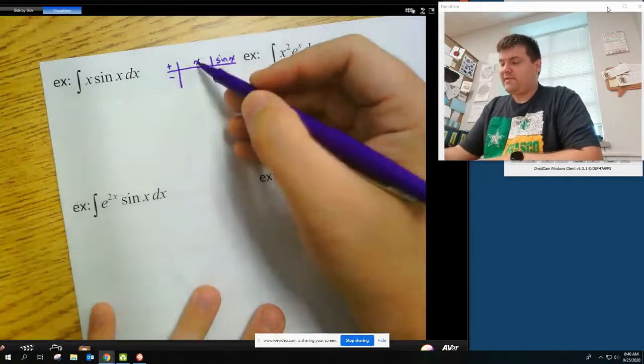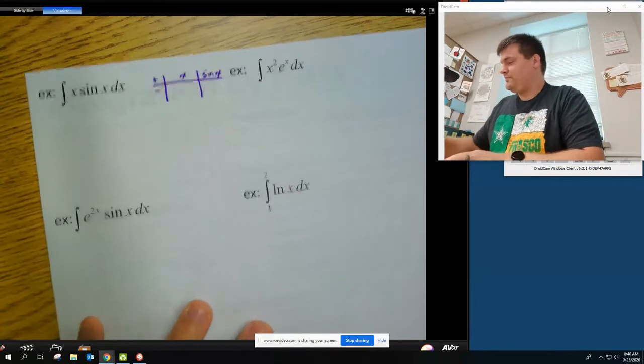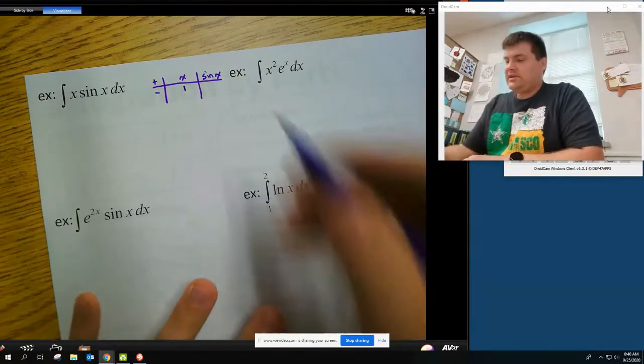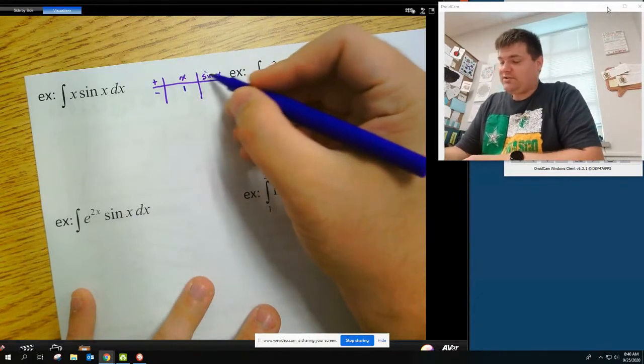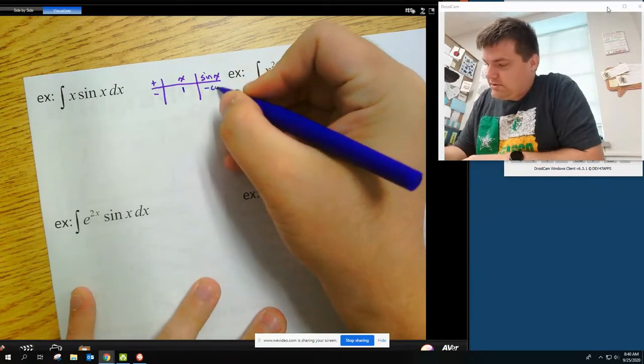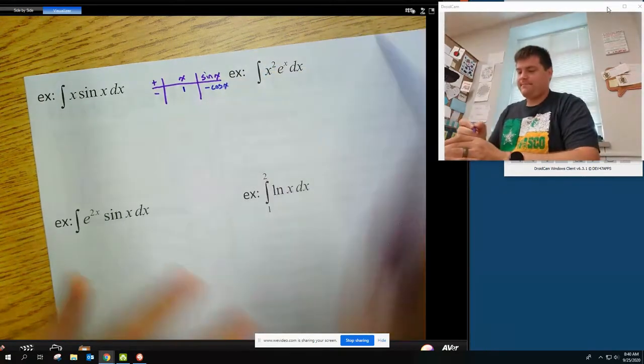So what's the derivative of x? That would be 1. What is the antiderivative, again, second column's antiderivative, of sine of x? It's going to be negative cosine. Okay?